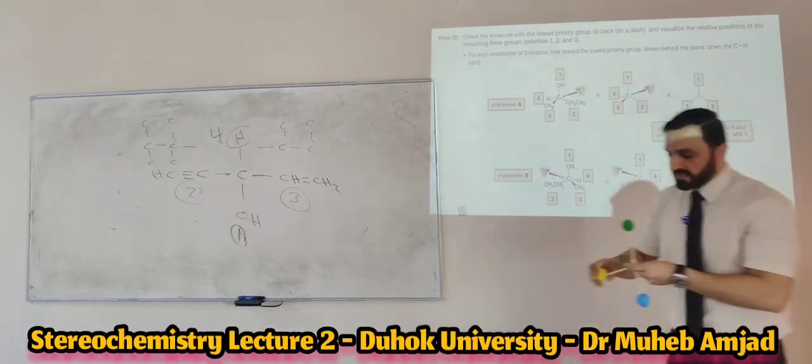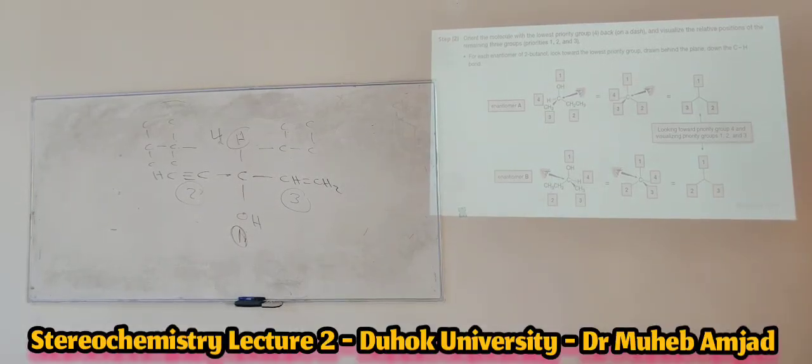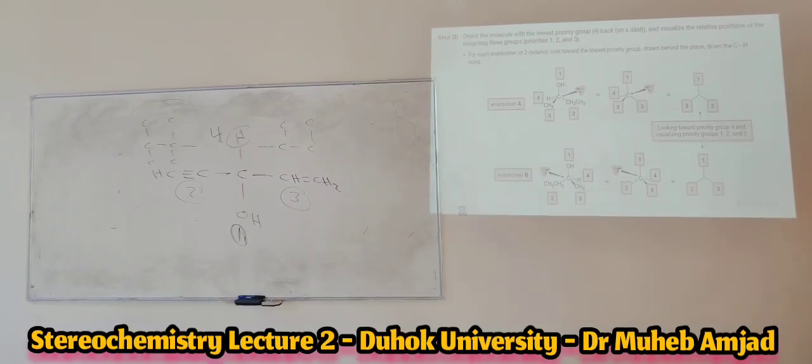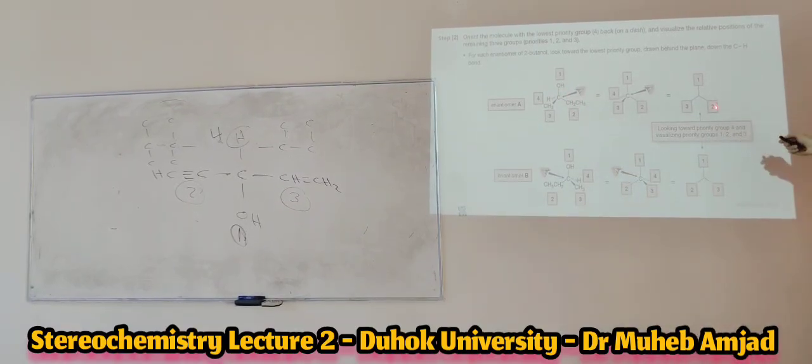So here, step by step, for each enantiomer of 2-butanol, look toward the lowest priority group drawn behind the plane, down at the carbon-hydrogen bond. Look from here at 1, 2, 3. This is the remaining group. So this will be 1, and this will be 2, like 1, 2, 3.